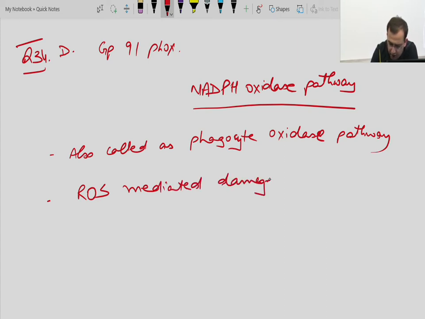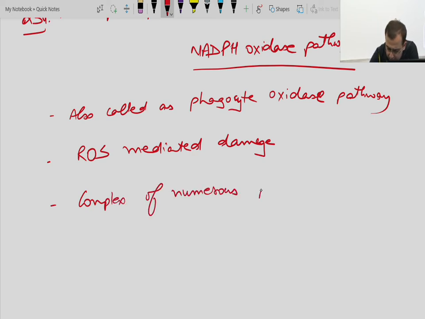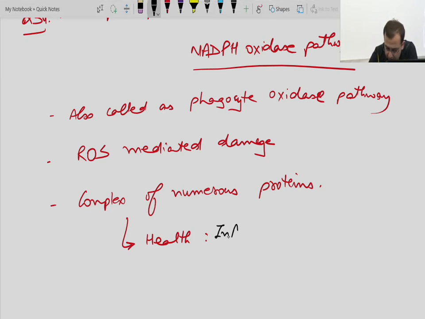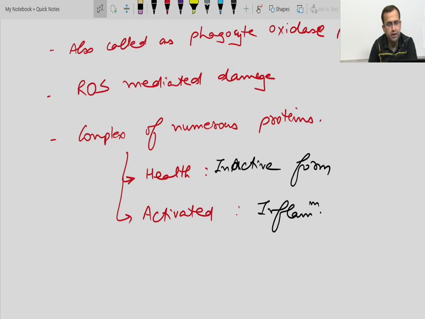Next point, it is a complex of numerous proteins which in the healthy state is present in an inactive form. It becomes activated in inflammation.